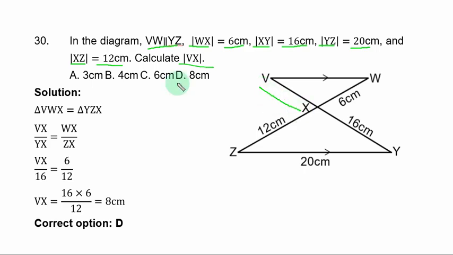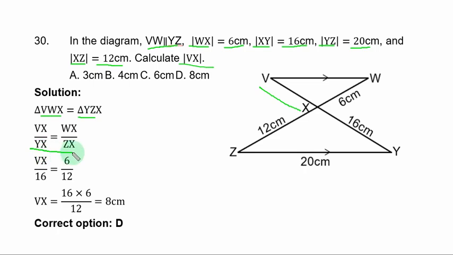In that diagram, you have two triangles, that is VWS and YZS. The two triangles are similar. That means the ratios of their sides are also equal. So you have VS over YS. The ratio of VS to YS is equal to the ratio of WS to ZS.